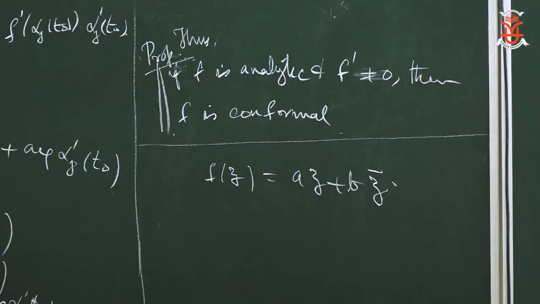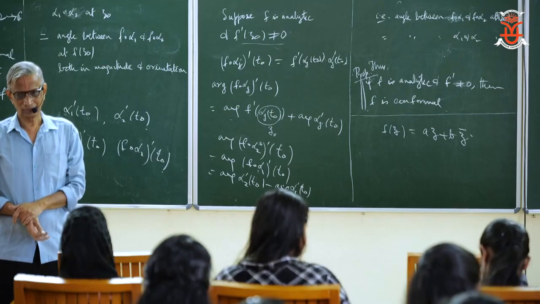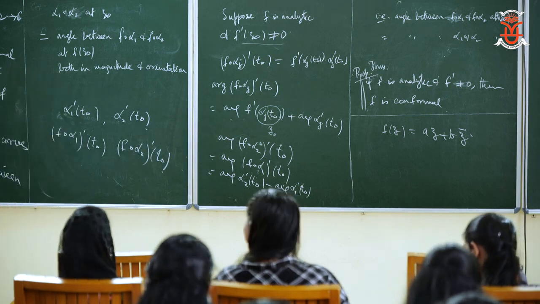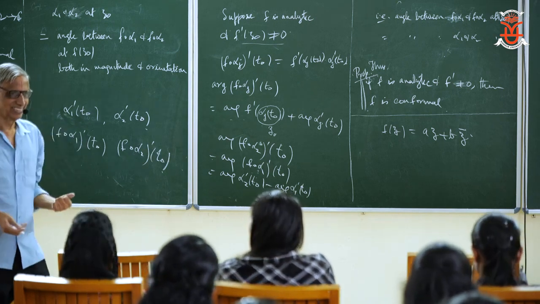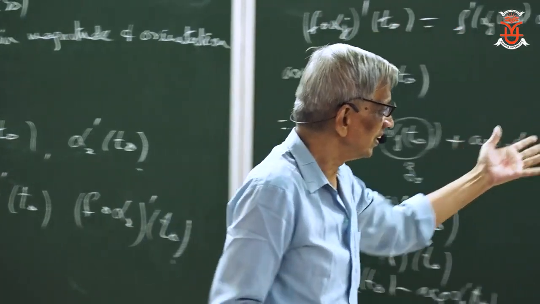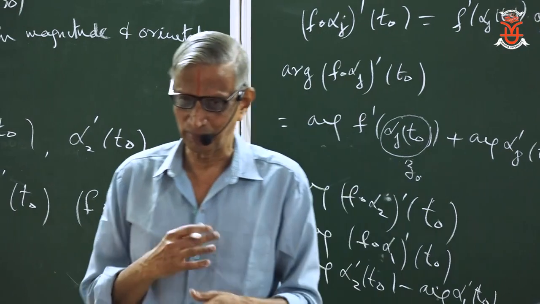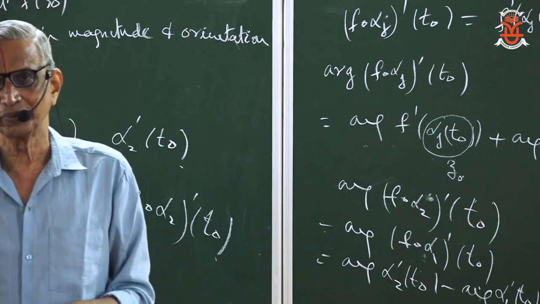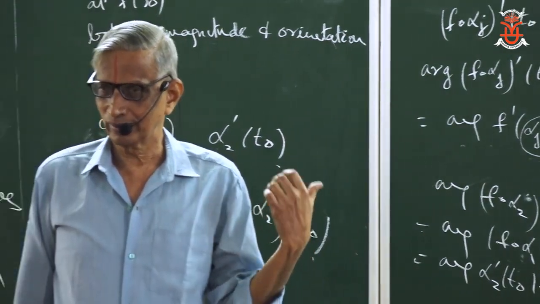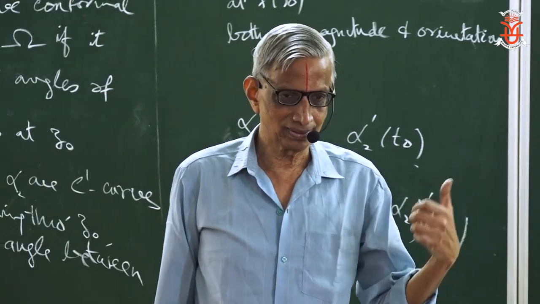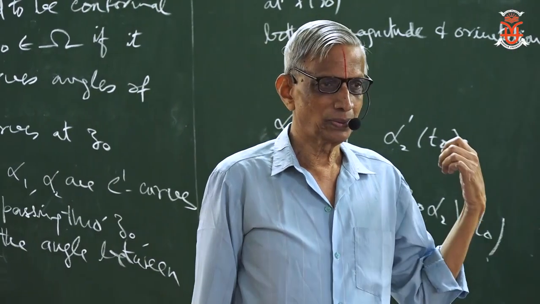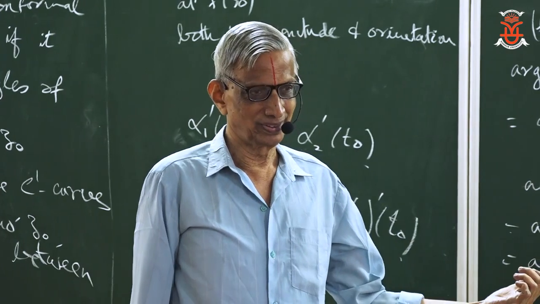So it's a combination of z and z bar. Okay. So when does this preserve angles? You can make a guess, of course. As long as z bar is present, you're going to have trouble. So this is going to preserve angles only when b is 0.